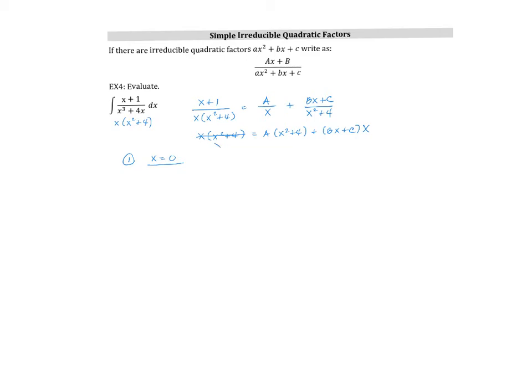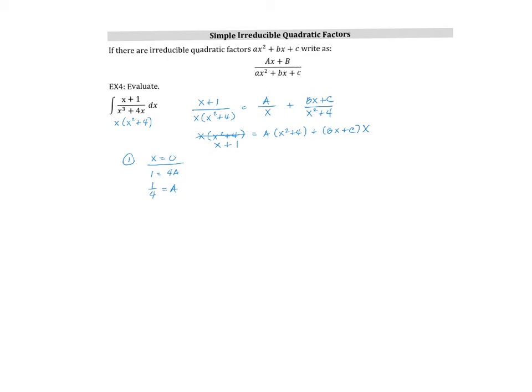This should just be x plus 1. I apologize. So if x is equal to 0, I have 1 is equal to 4a. And I get that a is equal to 1/4, which is fine. But I can't get rid of b or c at this point.